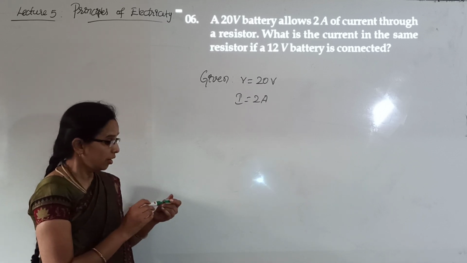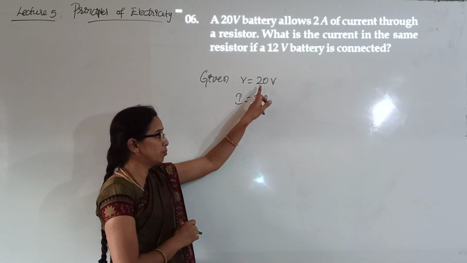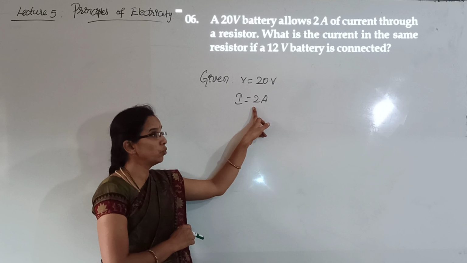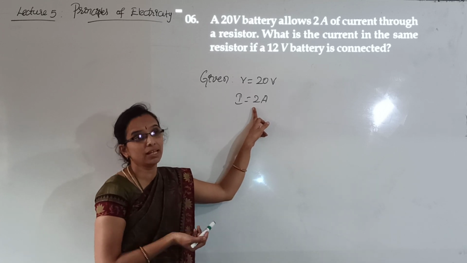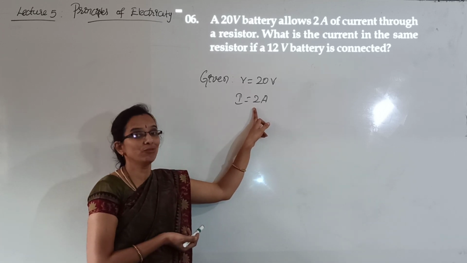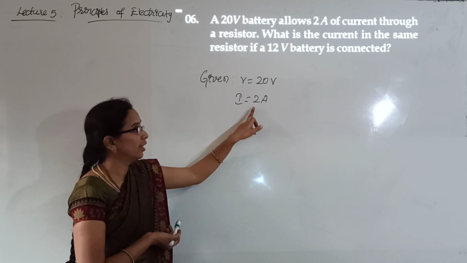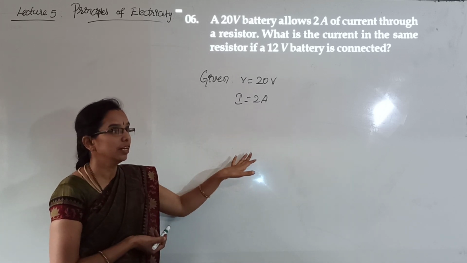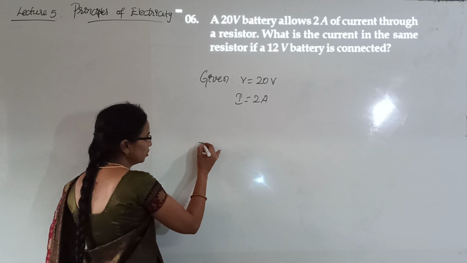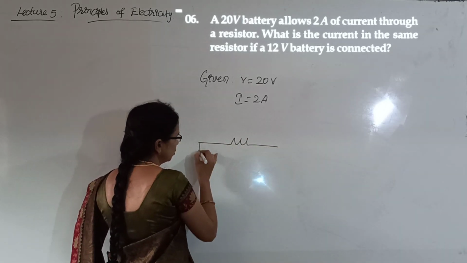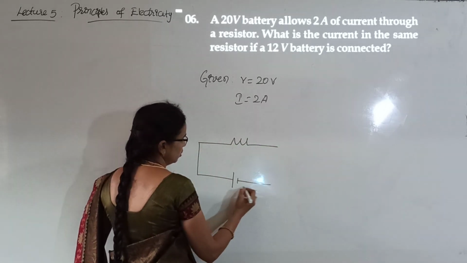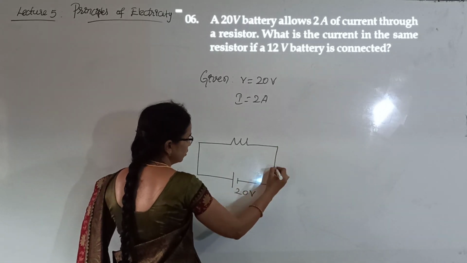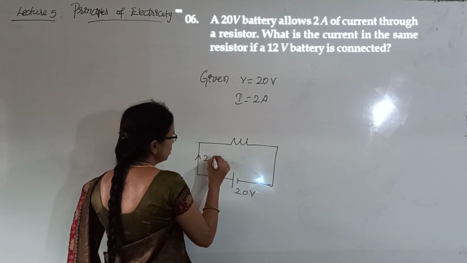That means when a voltage of 20 volt is applied, then current flowing is 2 amperes. Then we should find out the value of the resistor here. 20 volt is applied, current flowing is 2 amperes.